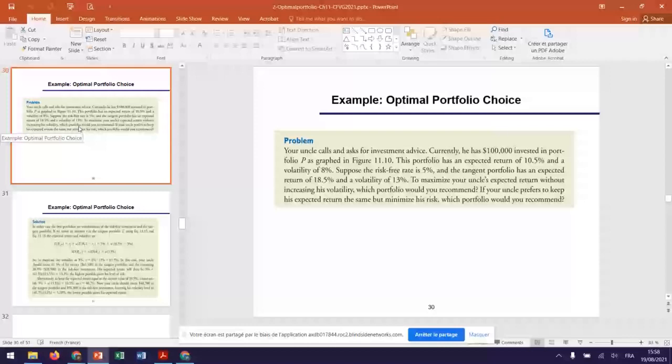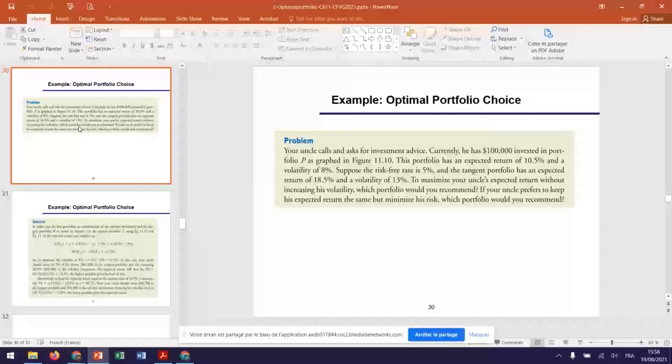Suppose the risk-free rate is 5%. The tangent portfolio has an expected return of 18.5% and volatility of 13%. Assume that we know the tangent portfolio. It is an efficient portfolio, as I told you earlier: at a given level of volatility, you should get the highest return.